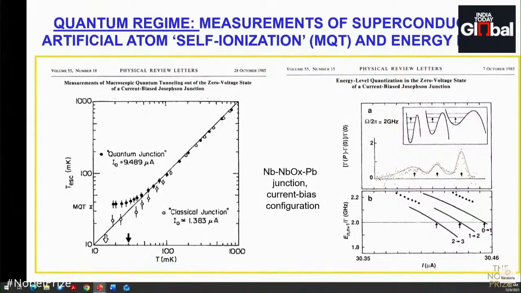And John has described our experiment. He has described our two papers. In view of the time, I'm not going to repeat what he said.